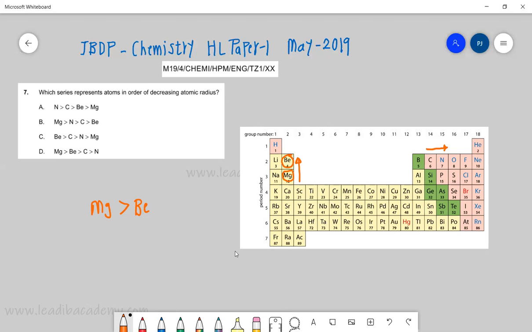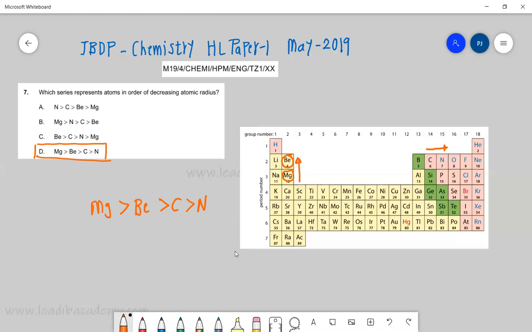We are staying in the same energy shell, so the shielding electrons are not creating any additional obstruction, and therefore the attraction of the nucleus continues to increase and the atom starts shrinking. So the order is clear, followed by carbon and then nitrogen. The simple option is D.